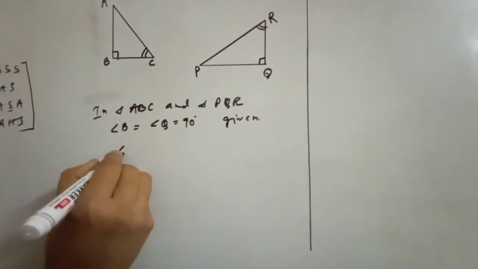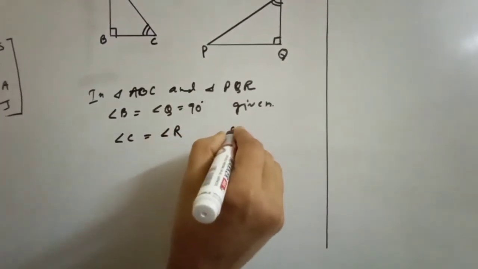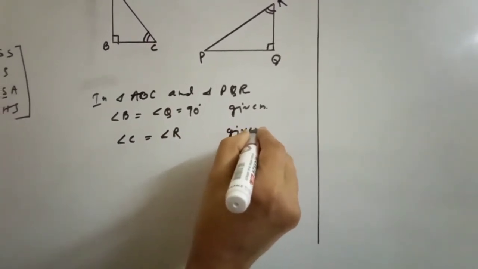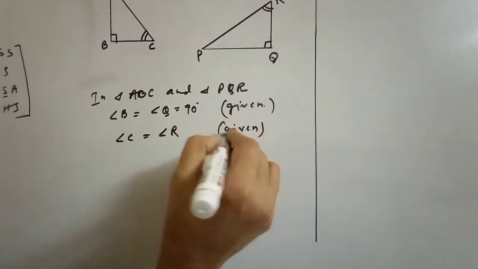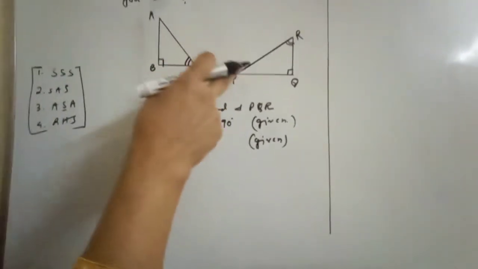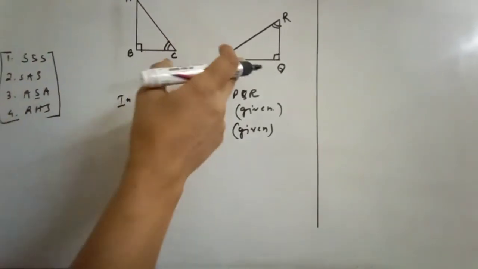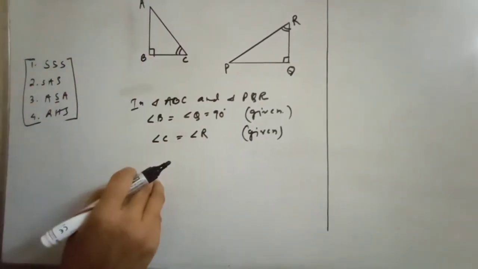Also angle C equal to angle R is given. But we need an extra pair to make this congruence criterion complete. If you want to complete the congruence criterion, you need another part also.